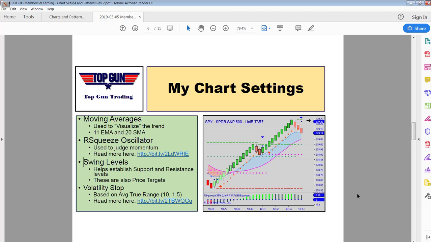You could apply that to whatever time frame you want to use. You may have to adjust the parameters. Right now I use a 10 period, 1.5 standard deviation, and that does seem to work in just about any time frame that I use, from tick charts, 5 minutes, up to 15-minute charts and dailies.